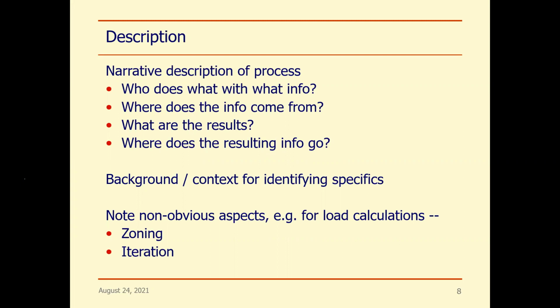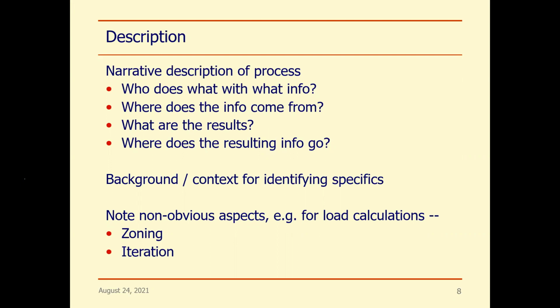And it would note non-obvious aspects. For instance, in load calculations, there's zoning issues and maybe iteration required in either a design process or in actual calculations. So anything that's not straightforward would be flagged.